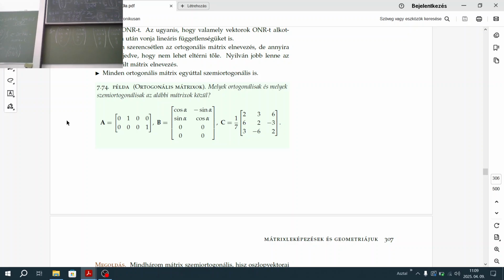And this is the same, so it's 0 again. So this is also an orthonormal basis. It should be an orthogonal matrix, but because this is not a square matrix, it's semi-orthogonal.